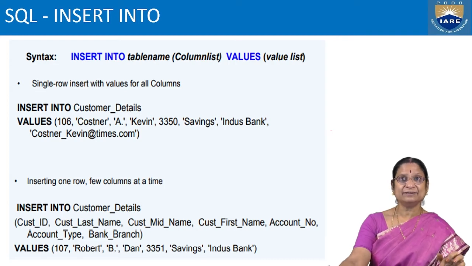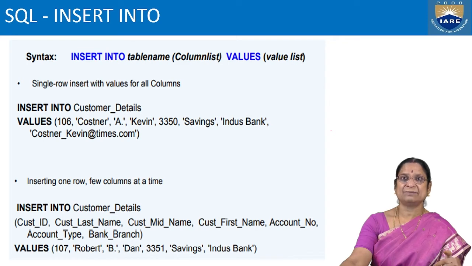But in any way, internally also the syntax must be the same. So: insert into table name, column list, values, value list, for a single row. Single row we are storing here, having the columns. For example, customer details: customer ID, customer name with first name, middle name, last name, and account number, account type, branch, email ID.